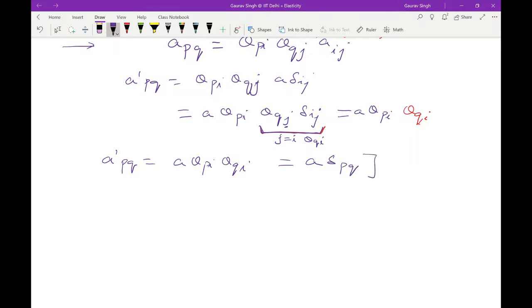For an orthogonal transformation, it satisfies the property of Q_pi Q_qi equal to delta pq. We have already gone through this discussion. If you do not recall it, please go back and check, since it's very important to be clear of every step which we are making. And now this can be said, just replacing p with i and q with j.